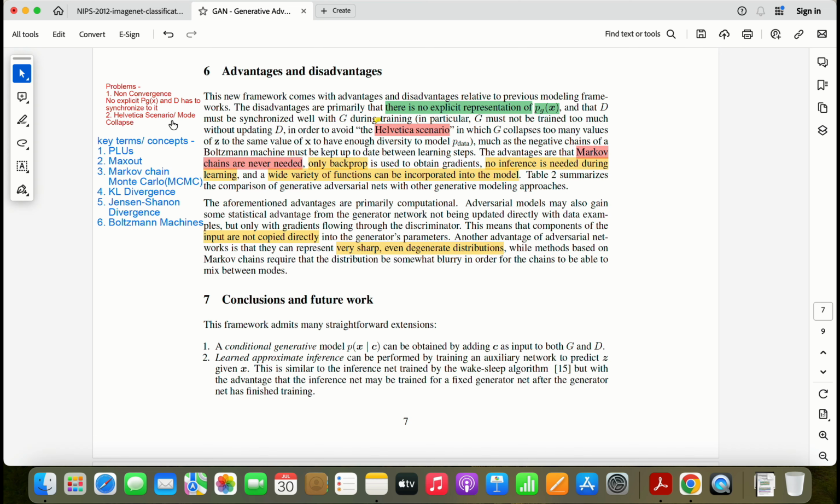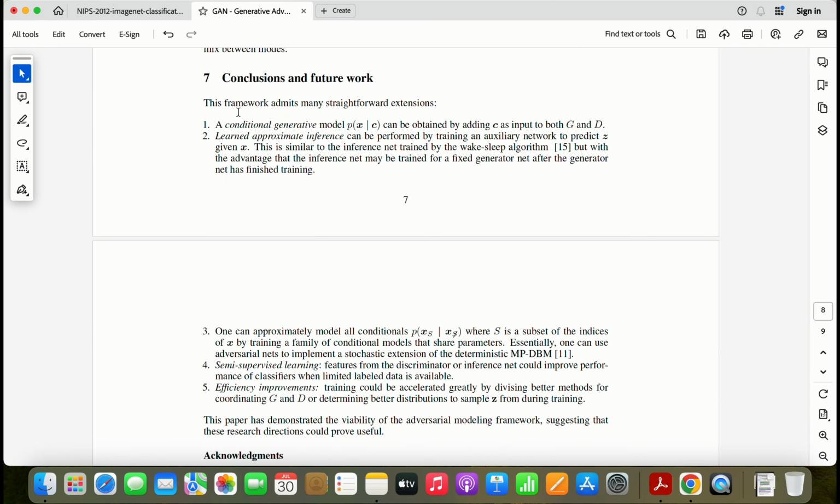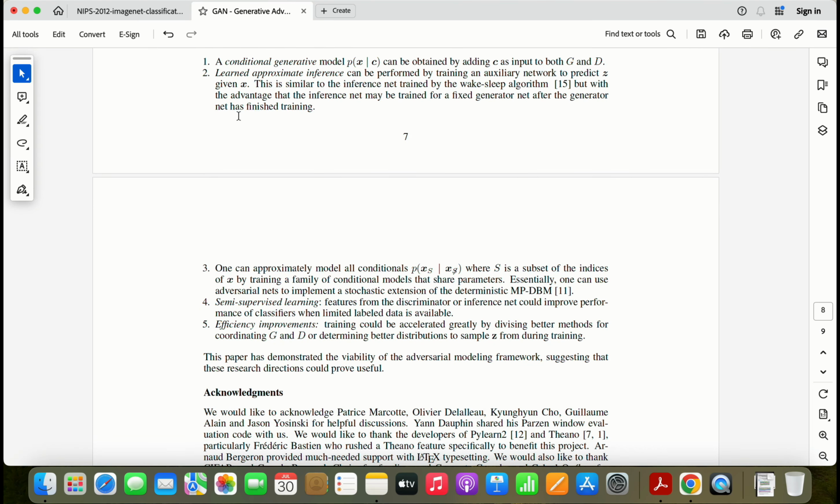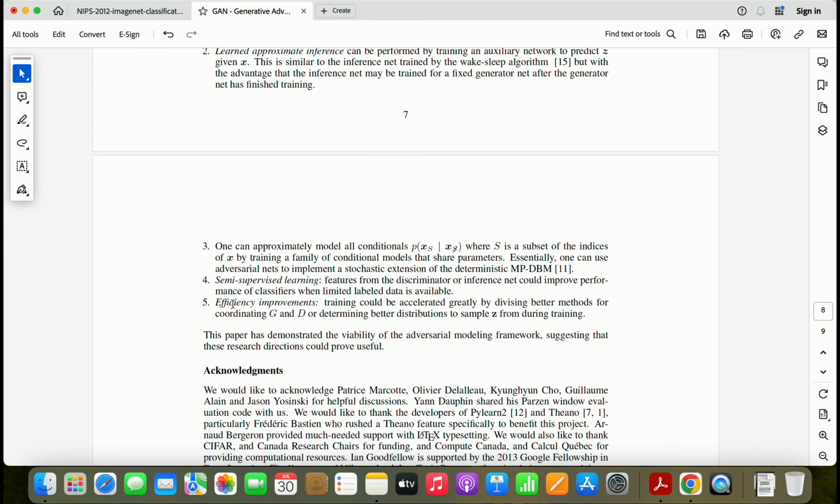That's why we saw in the beginning that G and D should be trained alternately to avoid this mode collapse. In conclusion, they have suggested conditional GAN models, which we will see in one of our upcoming videos. Another important thing is that semi-supervised learning could be used to improve performance, and training could be accelerated for efficiency improvement.